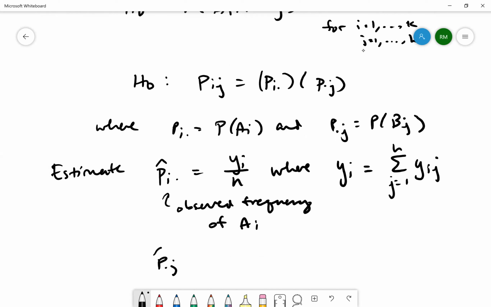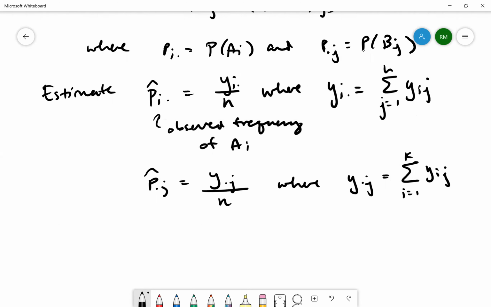And P dot j hat, there's a dot right there, is this, and this is the observed frequency of Bj.